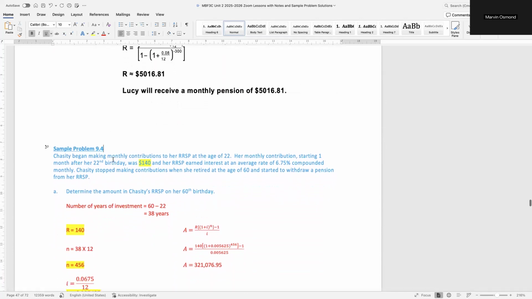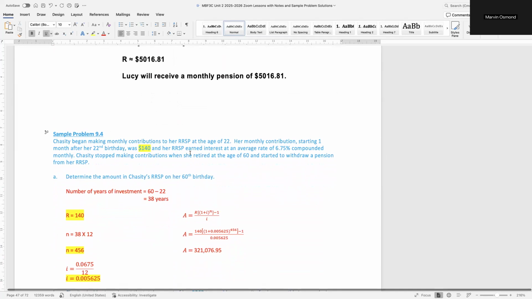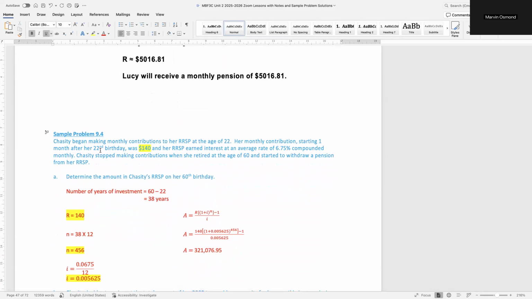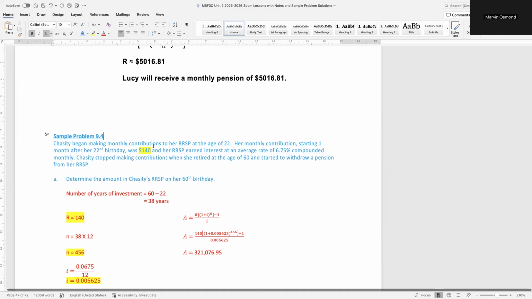So let's look at a problem that's similar to the one that was up above. Chastity began making monthly contributions to her RRSP at the age of 22. Her monthly contribution, starting 1 month after her 22nd birthday, was $140.